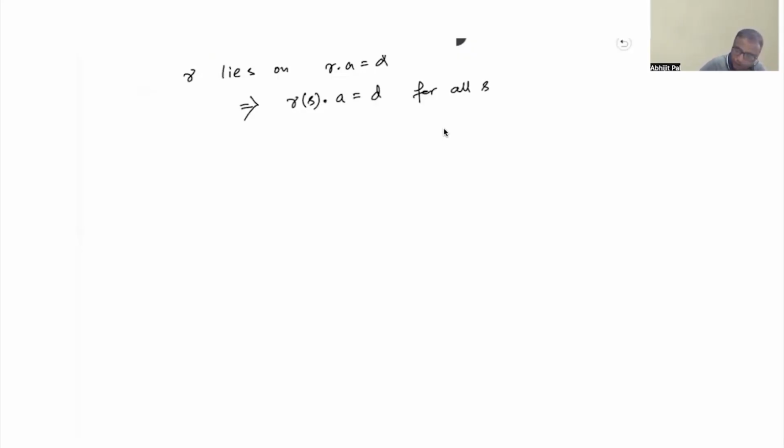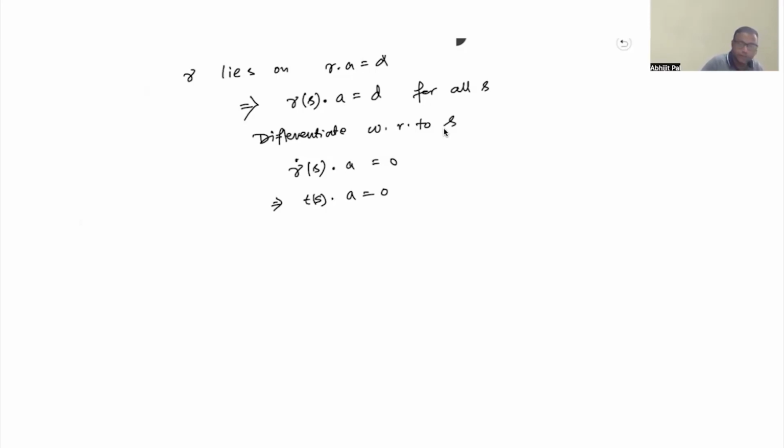Now we take the derivative with respect to s. Therefore gamma dot of s dot product with a is equal to 0. This gamma dot of s is the tangent vector, so the tangent vector of gamma dot product with a is equal to 0.